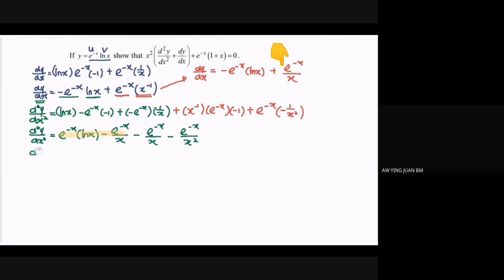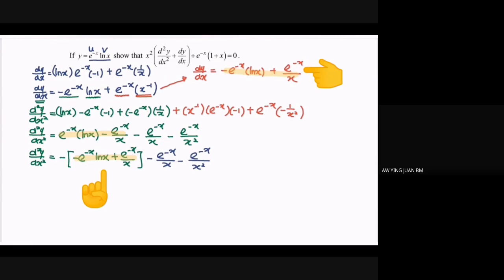So we will have the second derivative equals negative bracket, we have negative e to the power negative x ln x plus e to the power negative x over x. Try to match this expression with this one, and we notice that it is dy/dx. So kindly substitute the situation, so we have negative dy/dx. So rearrange the situation so that we can get this one.